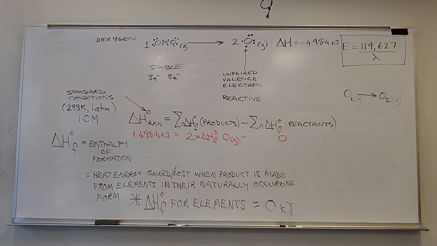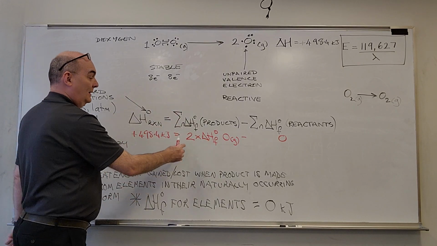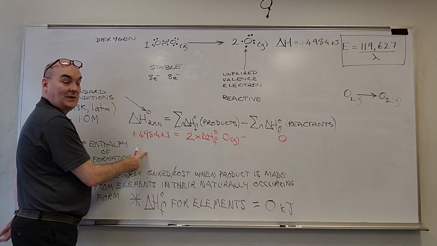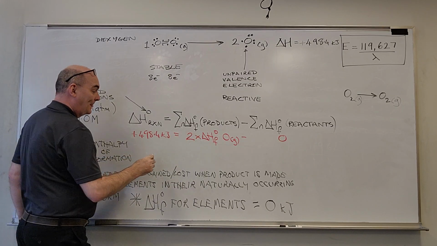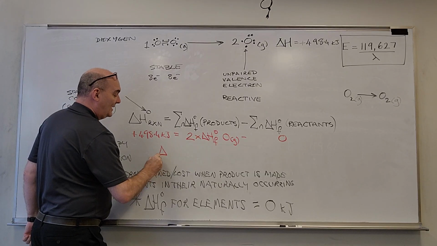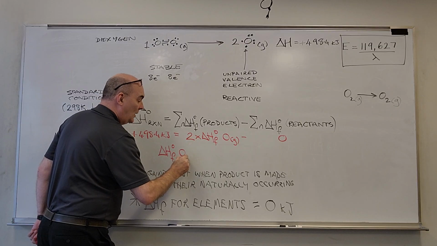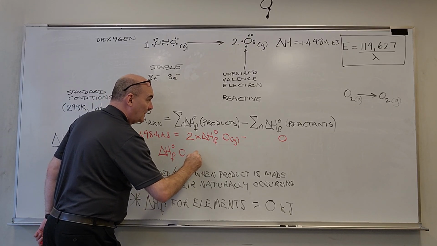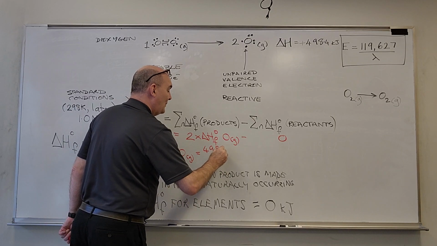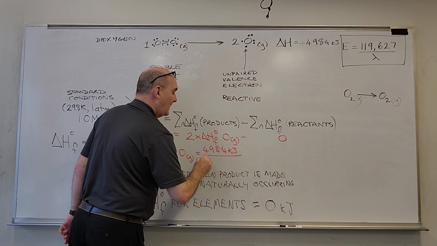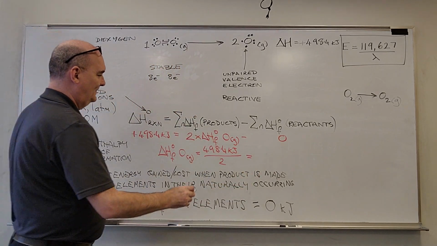Okay. Which tells us, let's just flip this around. Let's take that 2 and put it over here. And it's not going to be a numerator anymore, it's going to be a denominator. This tells me that the enthalpy of formation of O as a gas is 498.4 kilojoules divided by 2, which is 249.2.